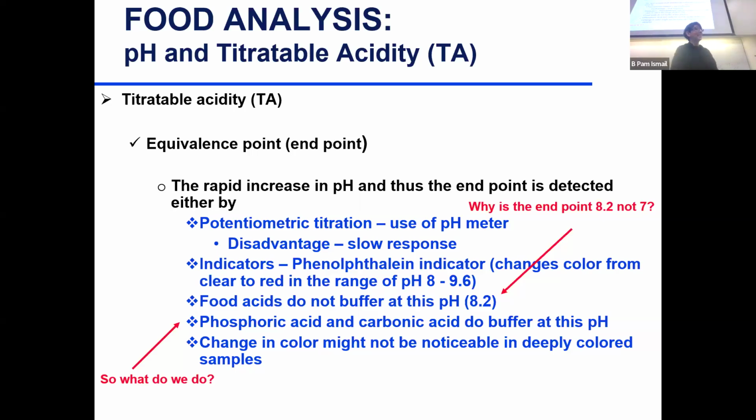But what if you don't want to determine the carbonic acid? Then you don't care, you determine another acid. So it really depends which acid you're trying to determine. And if you have a sample like tomato juice where you want to determine total acidity and you cannot see a color change, then you would need to use a pH meter.